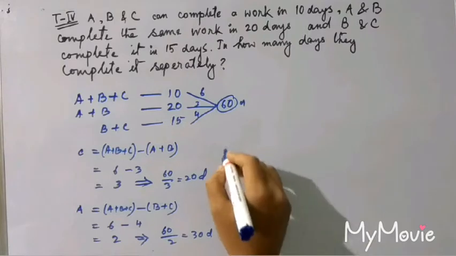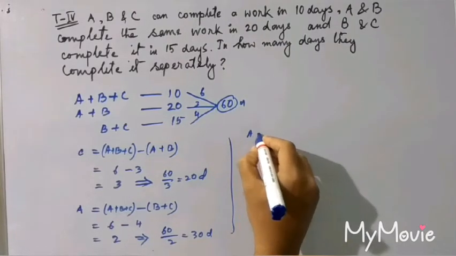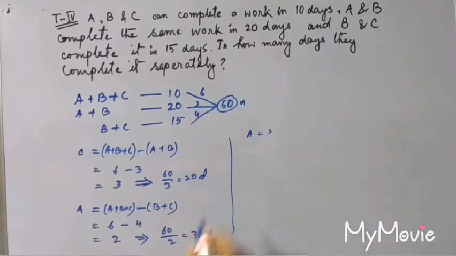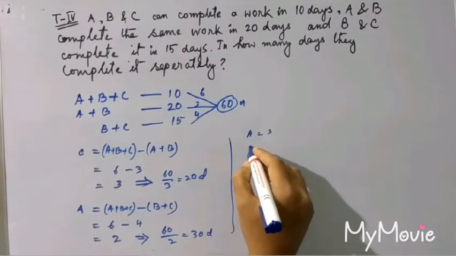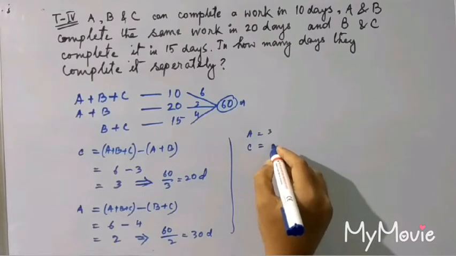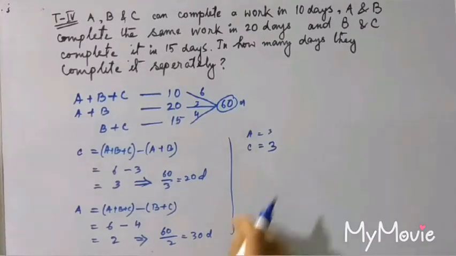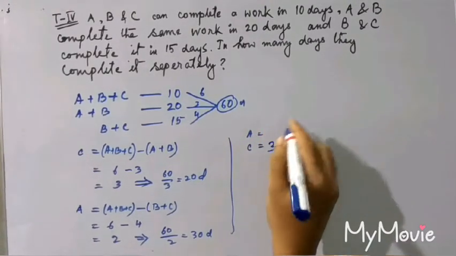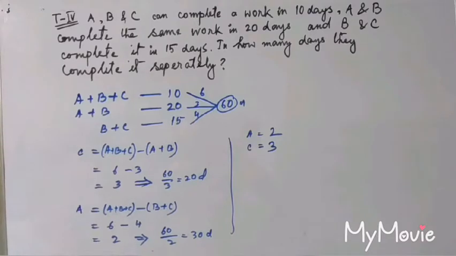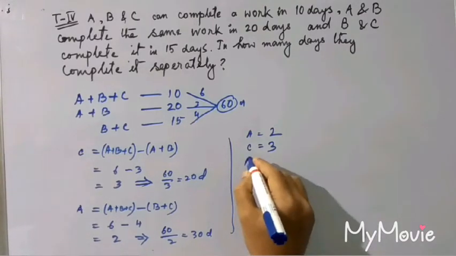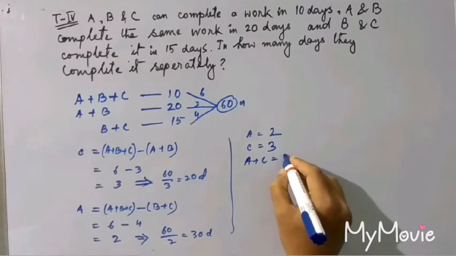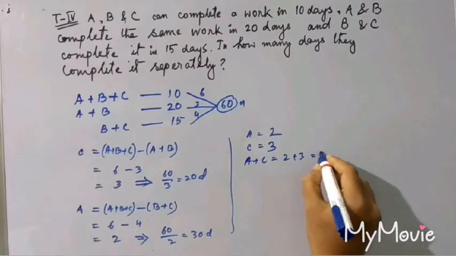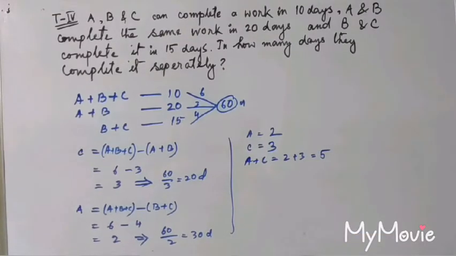Now we have in our hand A's unit of work, the unit of work A performs in 1 day, which is 2, and that of C, which is 3. Therefore, A and C together perform 2 plus 3 is equal to 5 units of work per day.